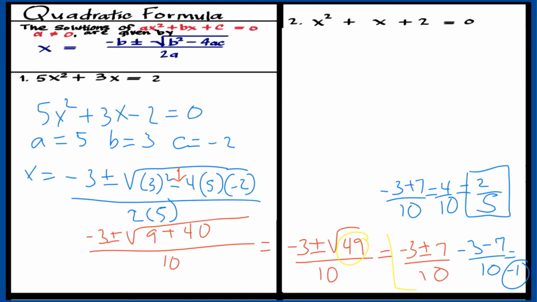So my two answers, 2/5 and negative 1. And just note that negative 3 and negative 7 gave me a negative 10 over 10, and reduce that, you get negative 1.